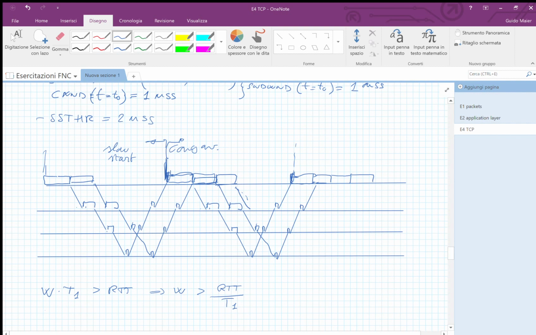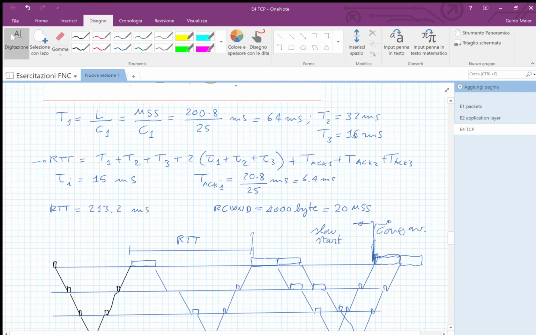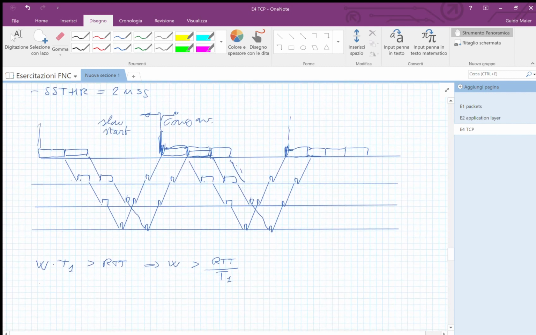And if you do this ratio, we know T1, we know the round trip time. T1 is 64 milliseconds, and the round trip time is this, 213.2.